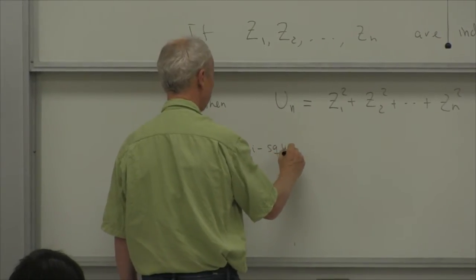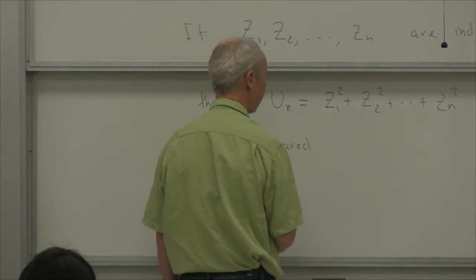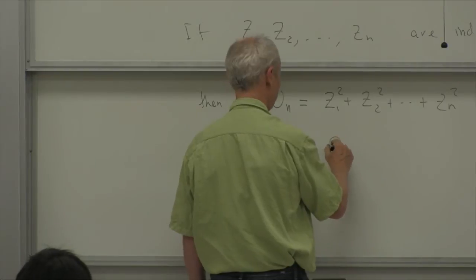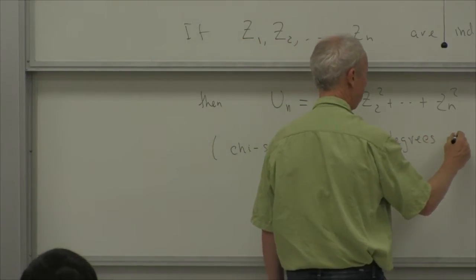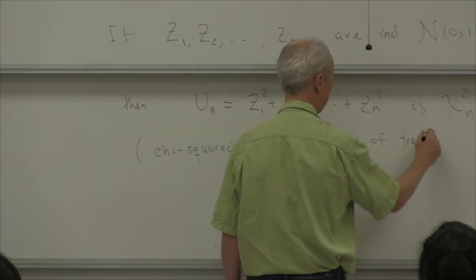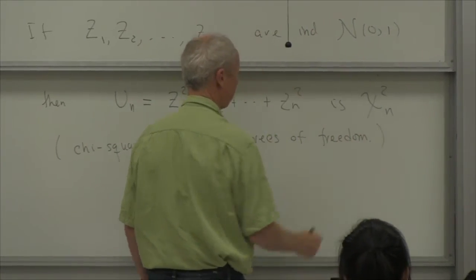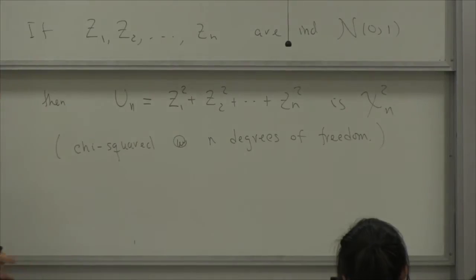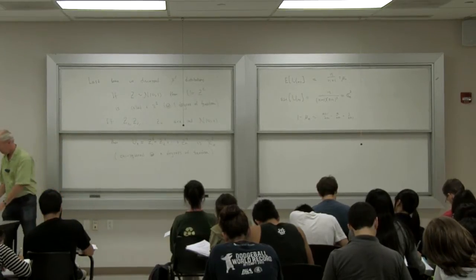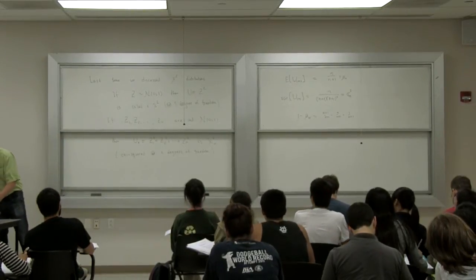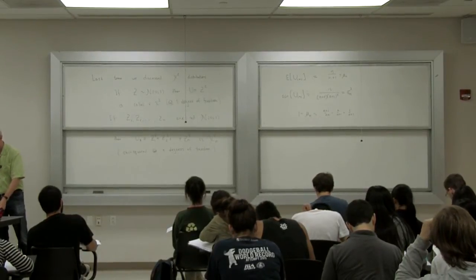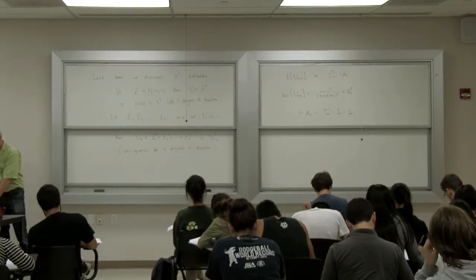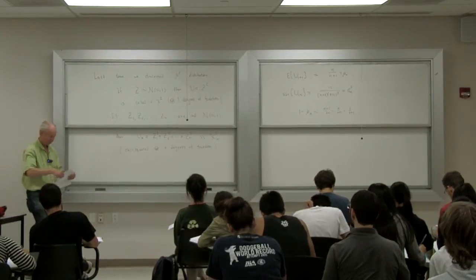These come up in a lot of statistical analyses. Okay. Some other common distributions arising from the normal are what?